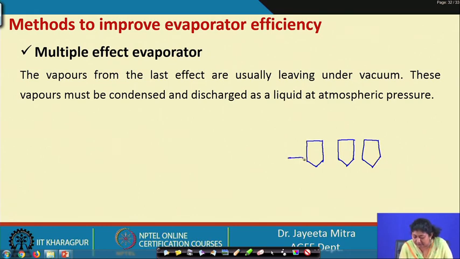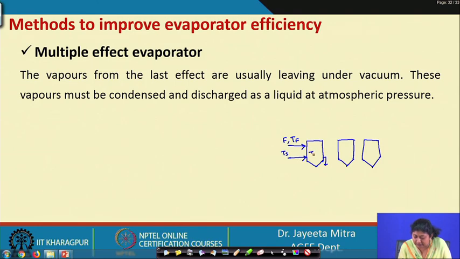So, steam enters into the first effect, let us say at temperature Ts, and this steam is utilized here to evaporate the liquid from the feed F that is entering at Tf.